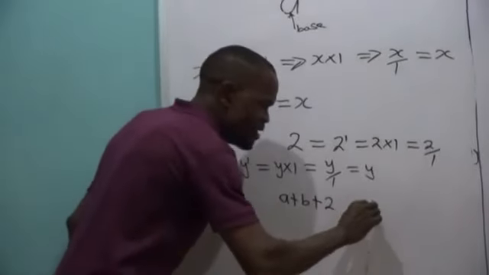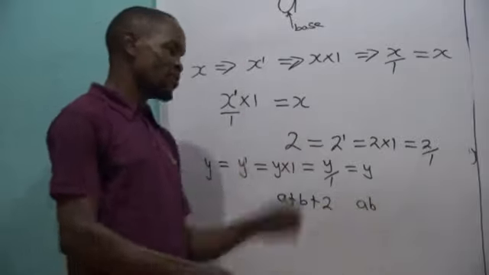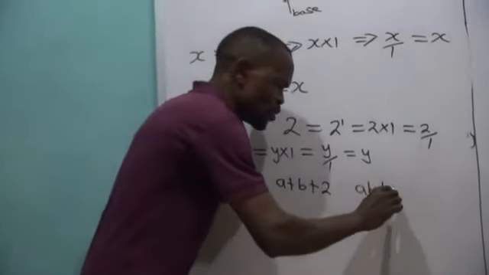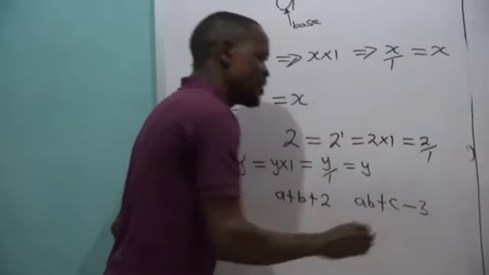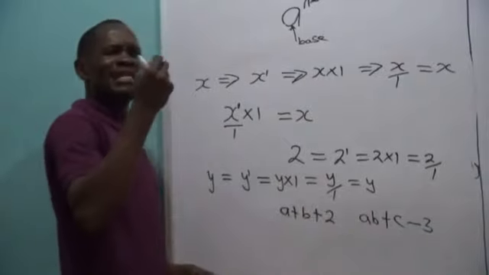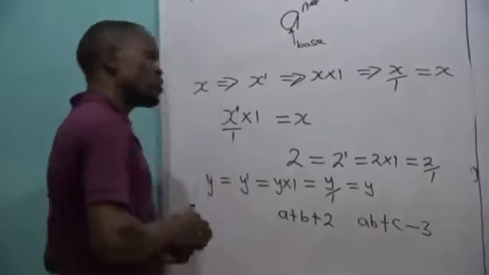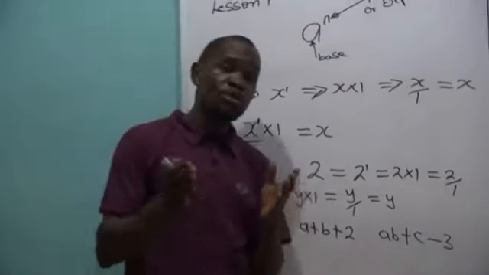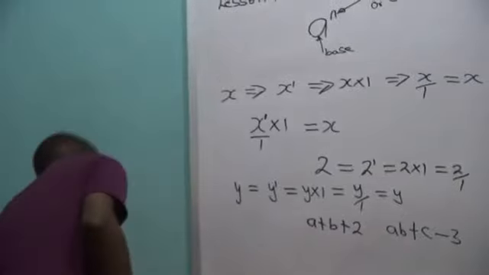If I have ab, that is 1 term, because multiplication holds them as 1 term. But when I have plus c, this is 2 terms. If I have minus 3, this is what? 3rd term. So multiplication made a term to be 1. Understood? You get me right. Multiplication made a term to be what? 1. Then let us proceed.